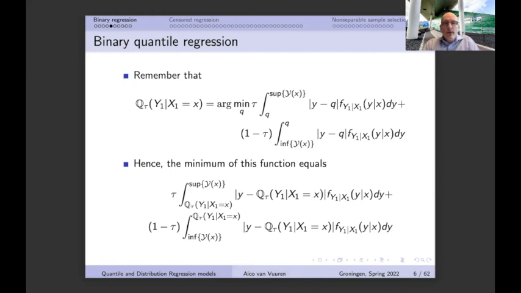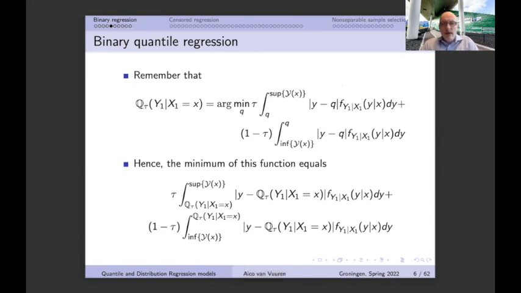Okay, I would like to go on with the estimation of the binary quantile regression model. In that sense, it's good to remember that we have already seen that any kind of quantile, including, though I haven't said that at that moment in time, those for which y1 is discretely distributed, we do know that the quantile of any random variable, in this case y1 conditional on x1 equal to x, can be represented by the argument that's going to minimize this function that we have over here.